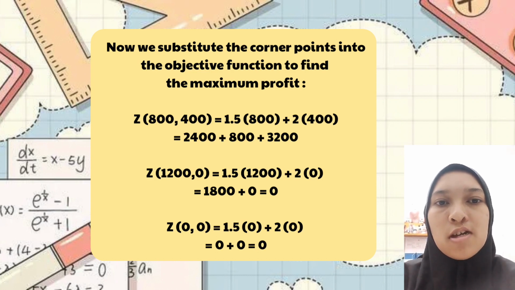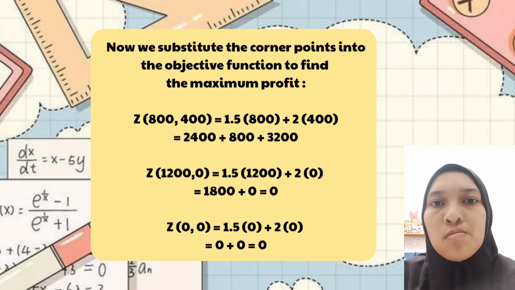First, Z at (800, 400) equals 1.5 times 800 plus 2 times 400, equals 1200 plus 800, equals 2000.